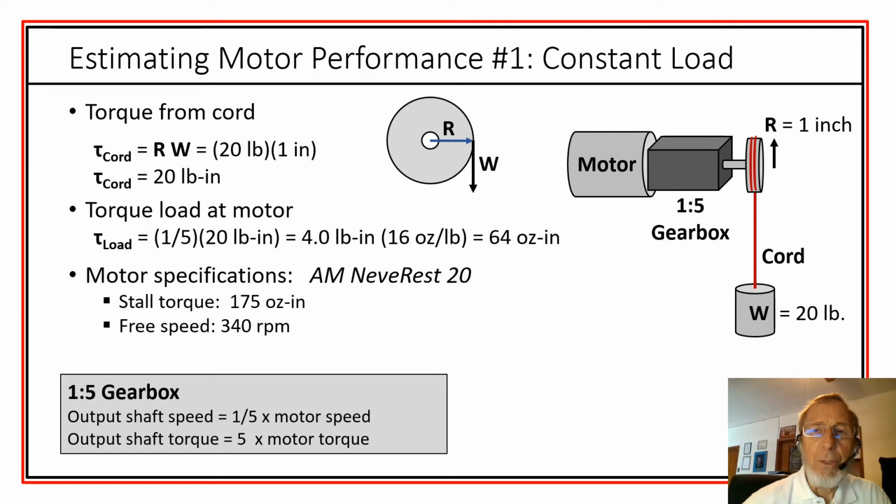Convert that to ounce-inches as well by multiplying pound-inches by 16 ounces per pound. We get 64 ounce-inches. So now, think about these two numbers. The motor can put out a maximum torque of 175 ounce-inches. It's going to require 64 to lift this weight, so it means we do have adequate torque.